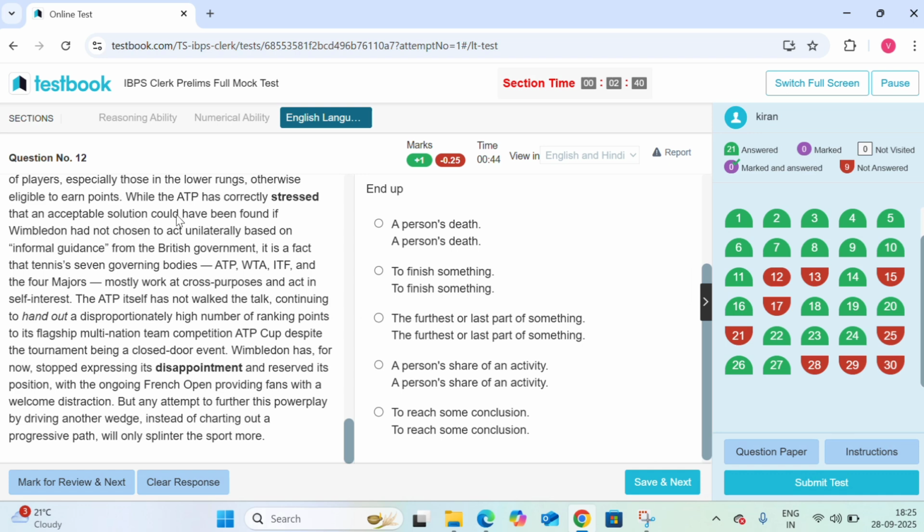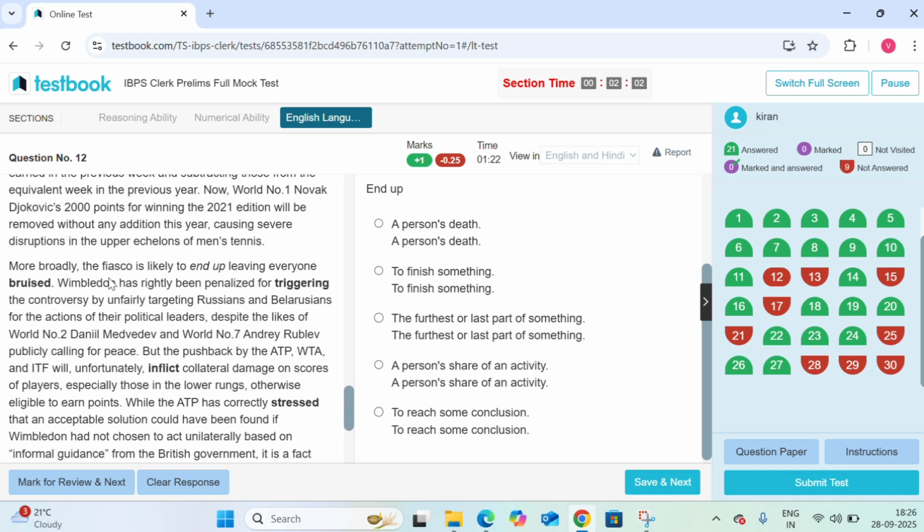The statement stressed that an acceptable solution could have been found, but Wimbledon has not walked the talk, continuing to hand out a disproportionately high number of ranking points to its flagship national team competition despite the tournament being a closed door event. Wimbledon has for now expressed disappointment and reserved its position with the ongoing French fans.